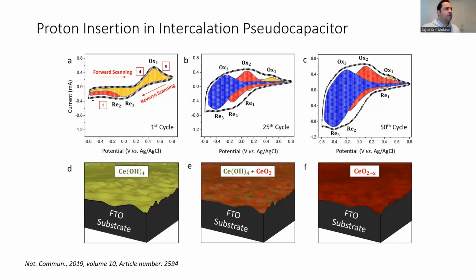The difference between the red shaded region and the orange or yellow shaded region is that when you oxidize Ce3+ to Ce4+ and form cerium hydroxide, this cerium hydroxide, during reverse sweeping, gets back to Ce3+ and goes back into the solution, and it's not stable at the surface.